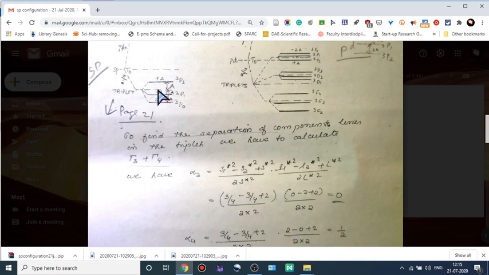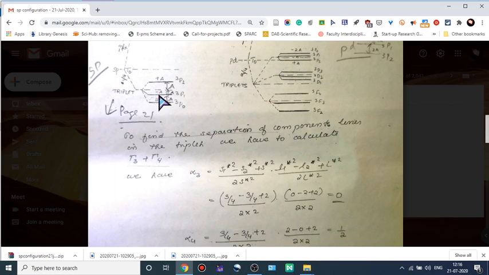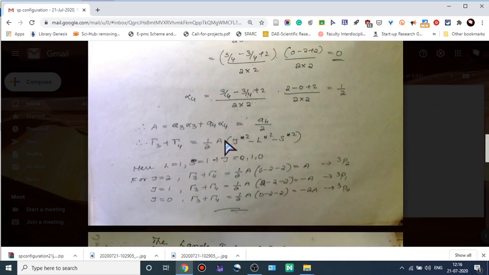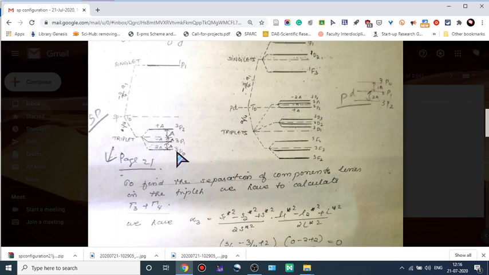Suppose this is the hypothetical term value of the triplet; the separation is plus A for 3P2, minus A for 3P1, and minus 2A for 3P0. Here A is the absolute value of the separation.